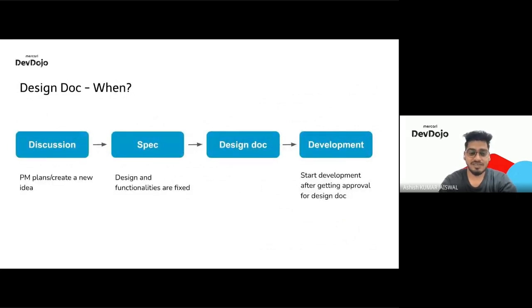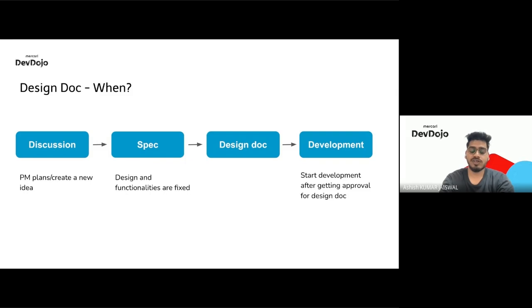So it totally depends when you are supposed to write a design doc. It's up to the team to decide if you need a design doc or not. Usually at Mercari, different teams have their own way to decide or to write a design doc.